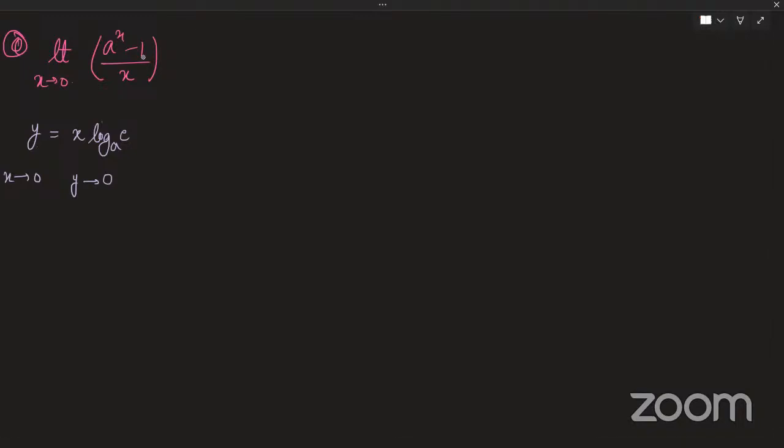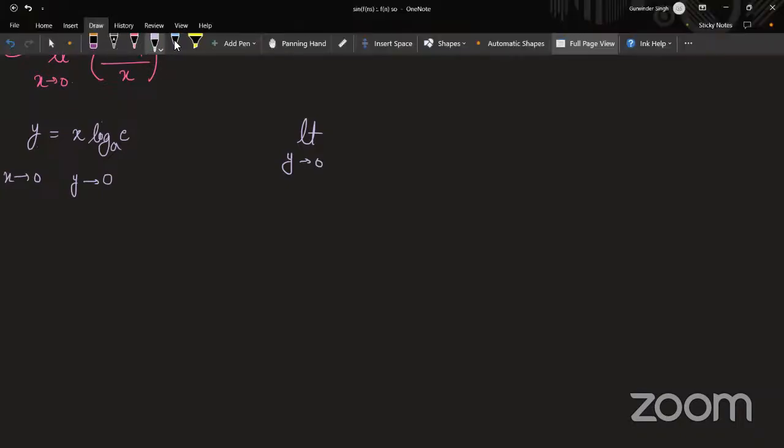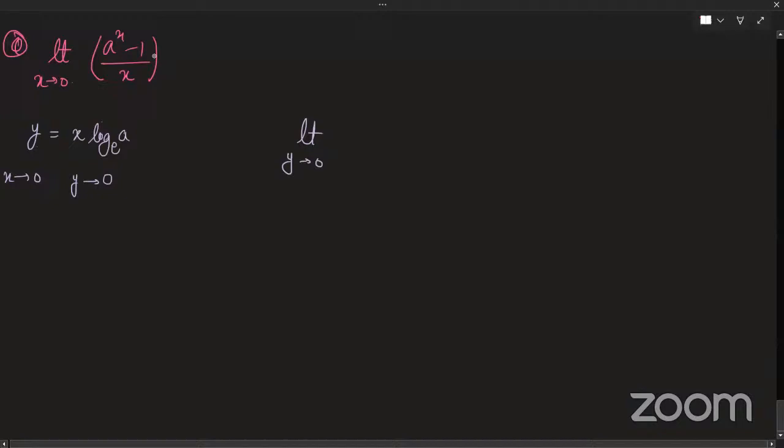So now I have limit y tending to 0. In place of x, I would need to put y divided by log base e of a. Again, y will be 0. So tell me, it will be a raised to what? What should I be putting?